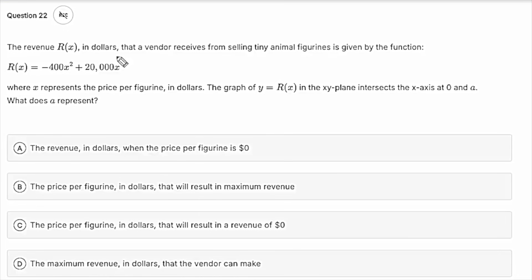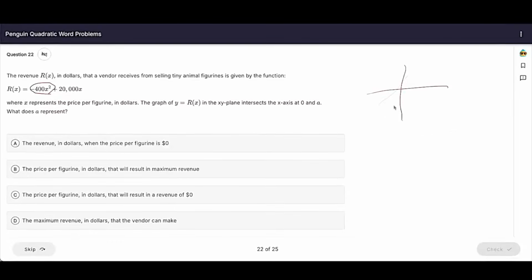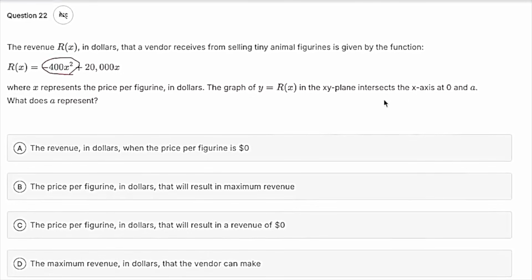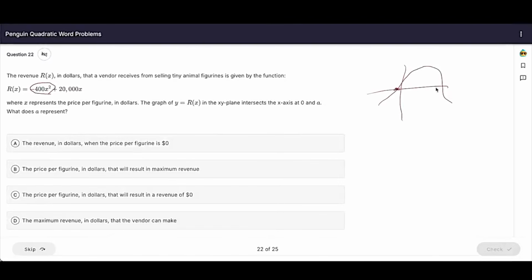We know that we have an upside down parabola because of this. So basically we have something along the lines of this shape, right? So if it's asking us about intersecting the x-axis at 0 and a, that could either be here or it could be here. But the important thing to note is that y is 0.